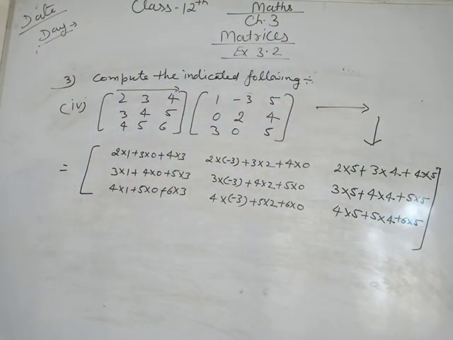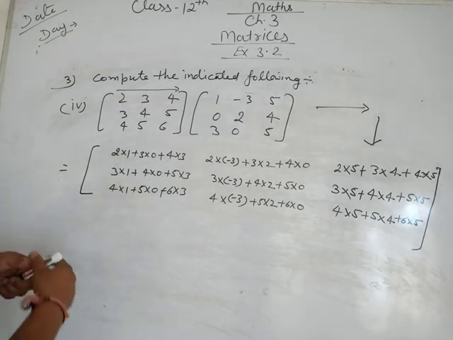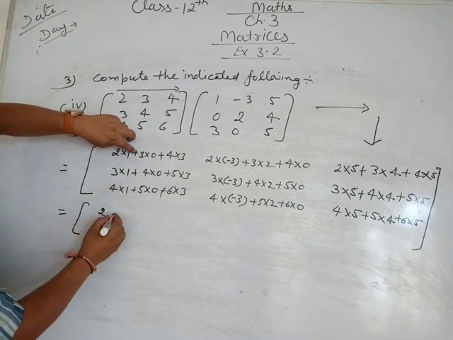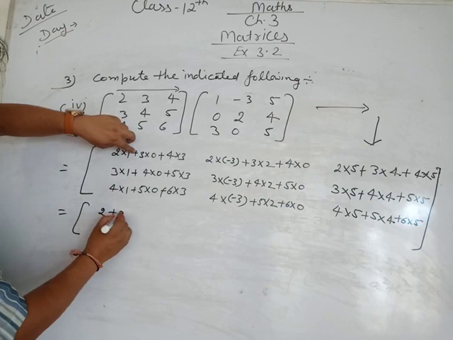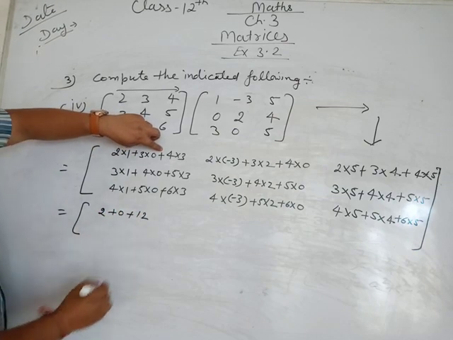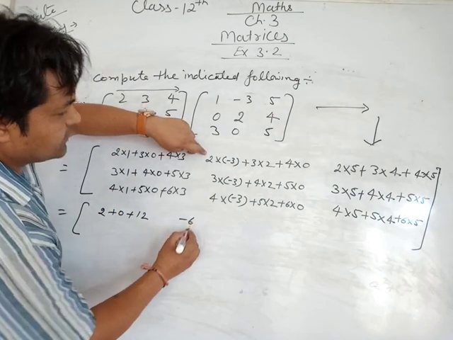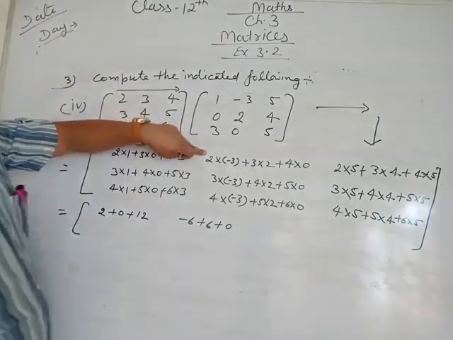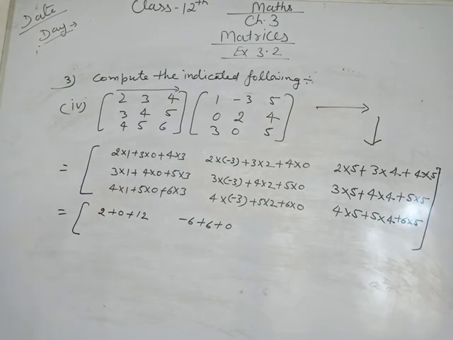Now again we will solve it. How can we solve it? 2 multiply 1 is 2, plus 0, plus 12. Second, minus 6 plus 6 plus 0.